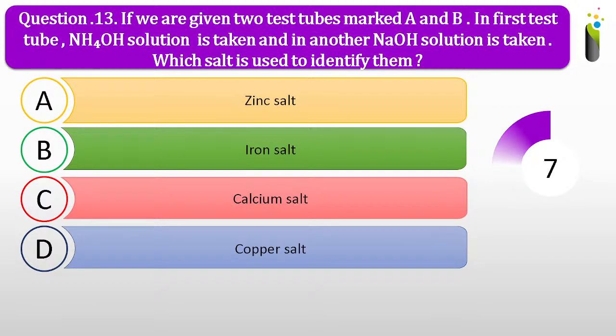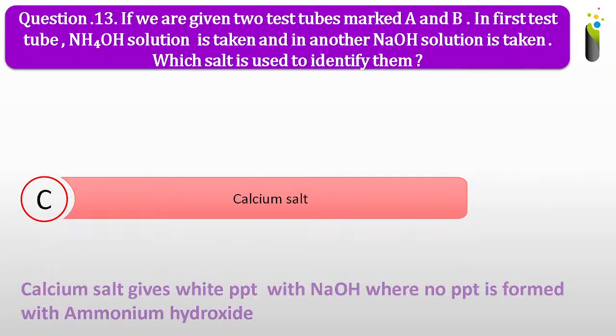And the correct answer should be calcium salt. Correct Arushi Shah, correct Kanak Kapil. Calcium salt gives a white precipitate with NaOH, whereas no precipitate is formed with ammonium hydroxide.